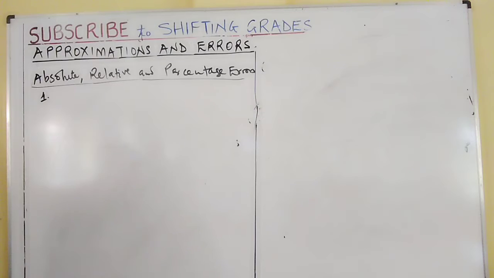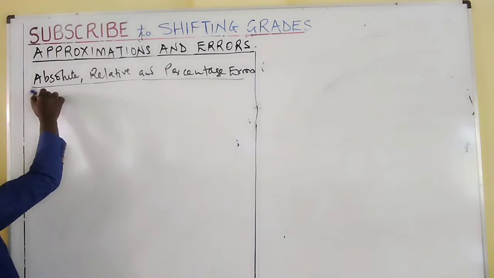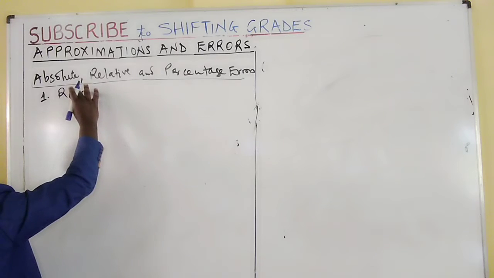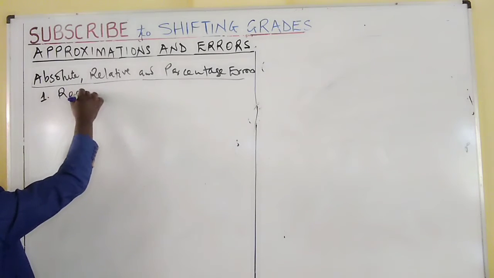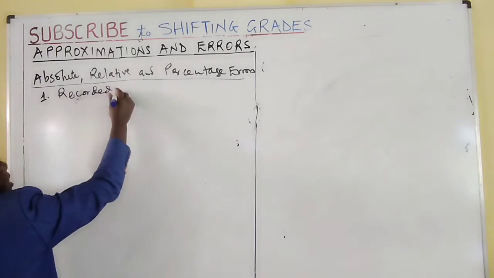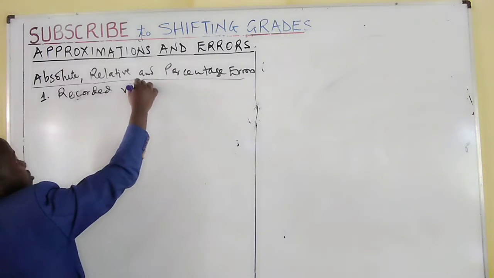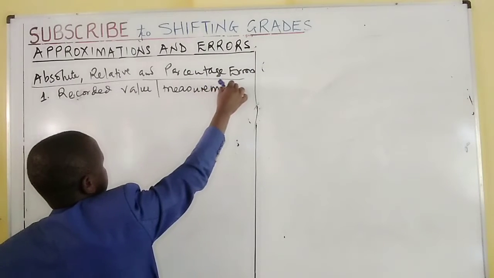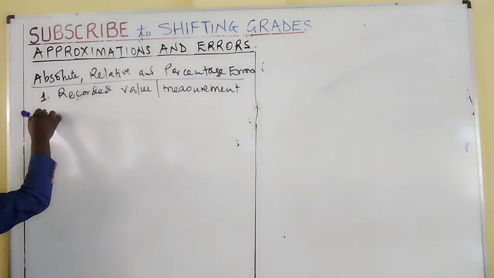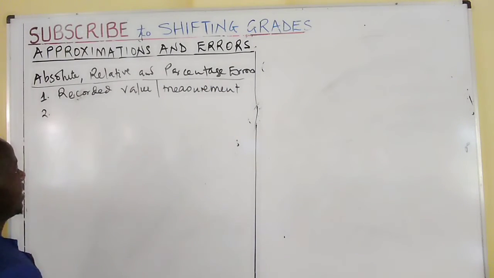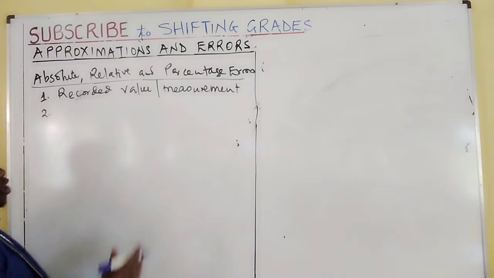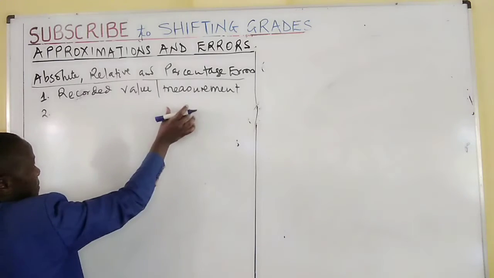They might be from a recorded value or measurement, and in the other case they might be when a computation has been carried out on a measurement.